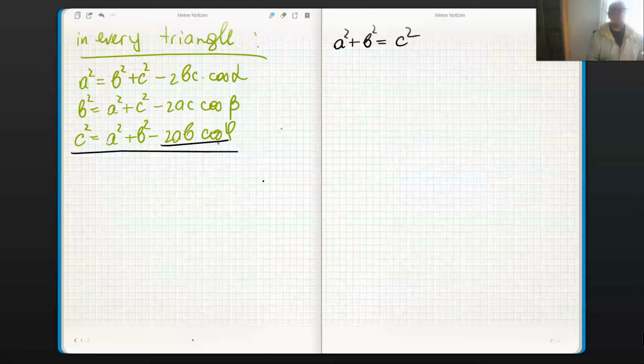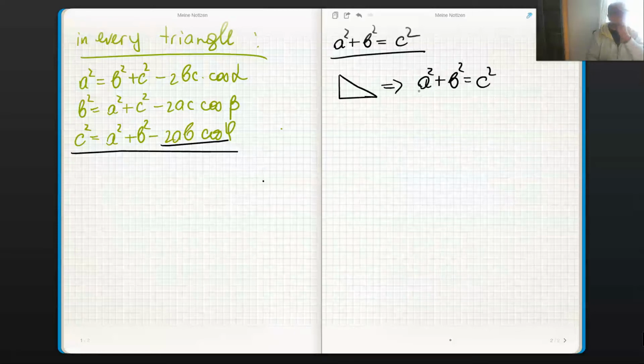So that means if we prove the cosine rule, we prove a kind of generalization of the Pythagoras theorem, because the Pythagoras theorem was only applicable in right-angled triangles. So if the triangle is right-angled, we know a squared plus b squared equals c squared. But the cosine rule helps us to understand that if a squared plus b squared is equal to c squared, then this part must be 0.